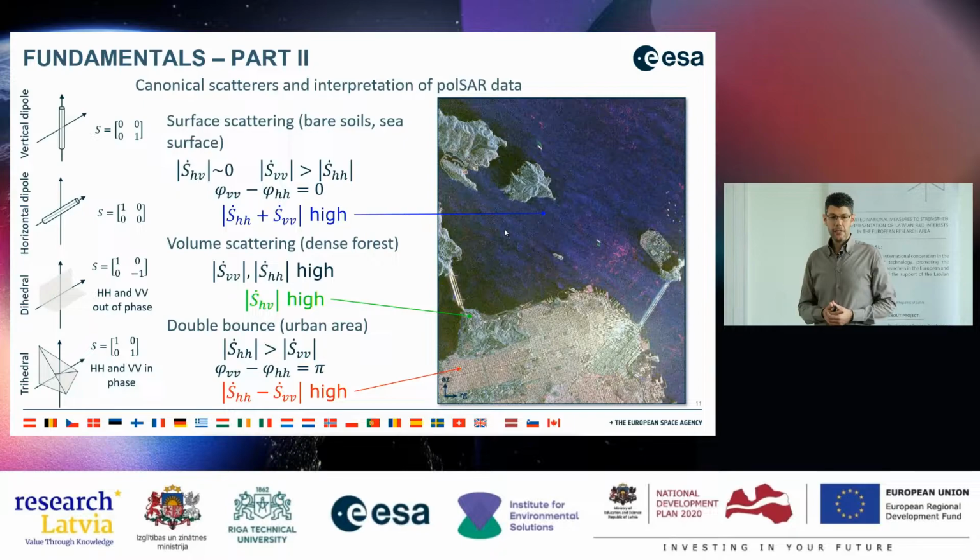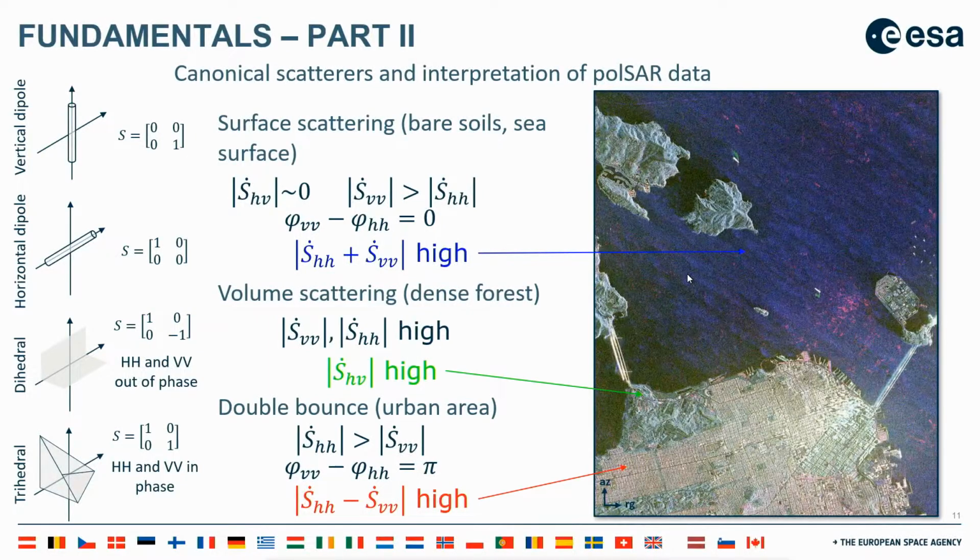Last point is about how this is important when you observe the Earth's surface. On the left-hand side, you see some so-called canonical scattering configurations, and the resulting scattering matrix.